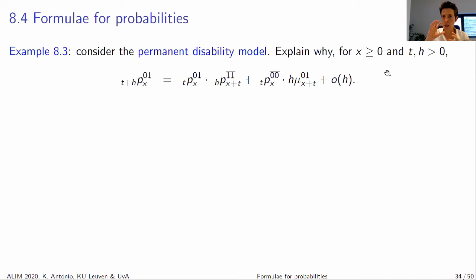The only transitions possible are from 0 to 1, from 1 to 2, and from 0 to 2. That's the setting that we have in mind. So let us look at this specific example.